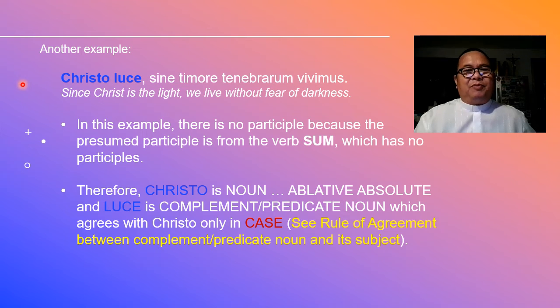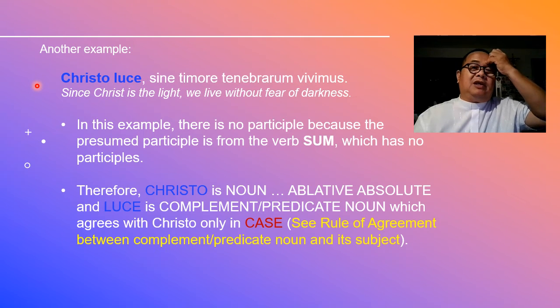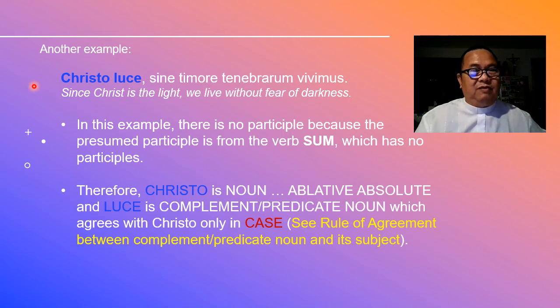Here is another example. This time, you have two nouns. Christo luce sine timore tenebrarum vivimus. The translation is, since Christ is the light, we live without fear of darkness.